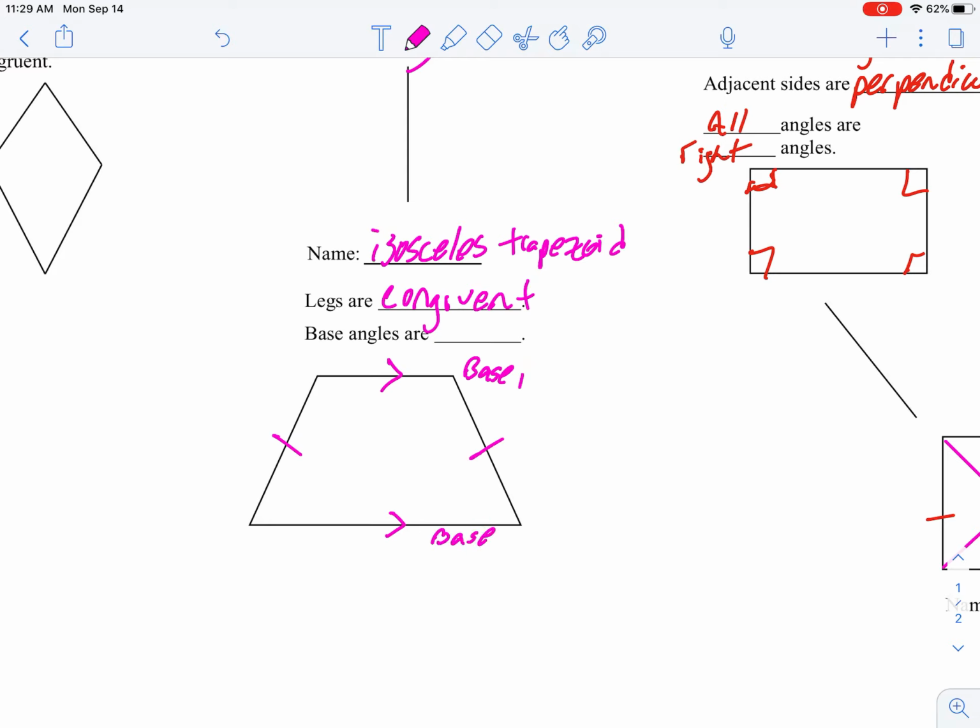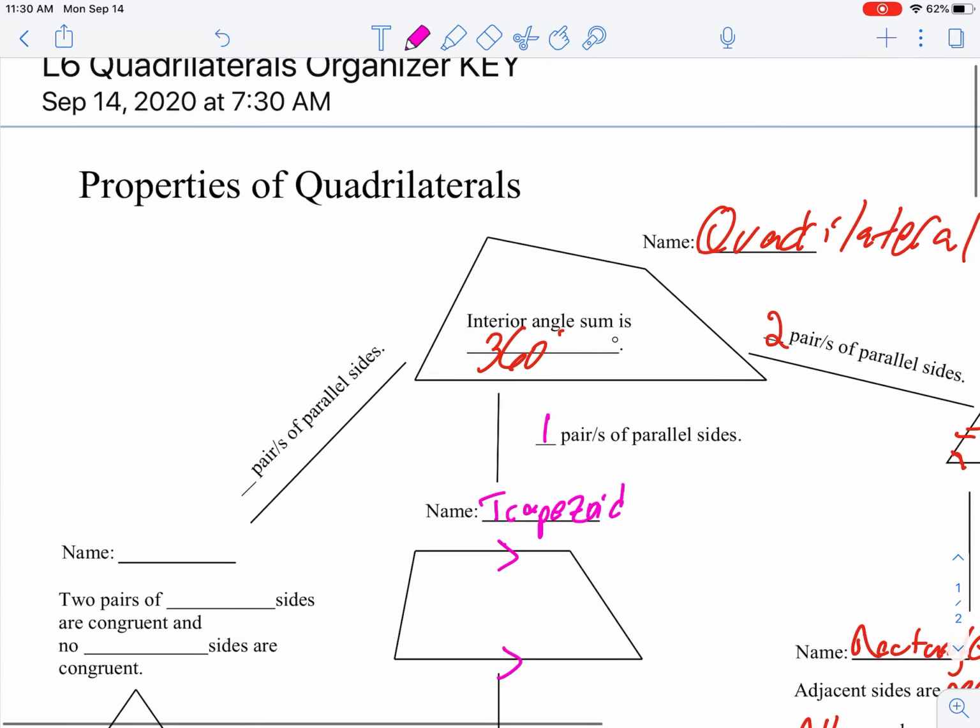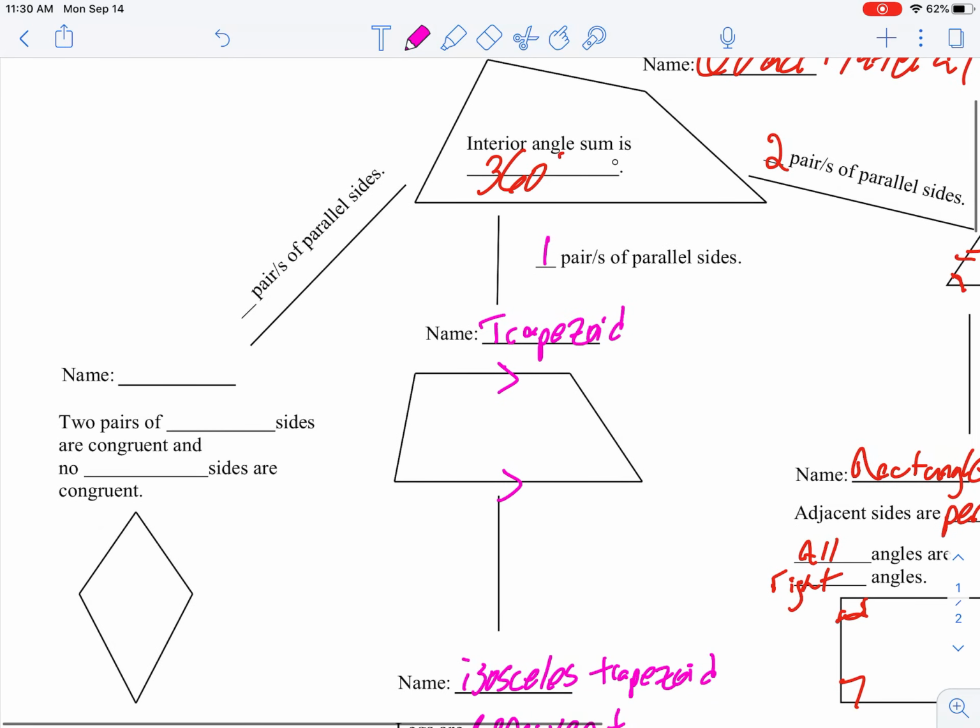So this is called base 1. This is called base 2. These are my two legs that are congruent. These are base angles, and then these two up here, I gave them double markings because that means those are congruent. The base angles are congruent. So this one to this one's congruent. And together, I said them a few minutes ago, these are what we call supplementary, okay? Again, we'll talk more about that down the road when we get into the next unit as well.